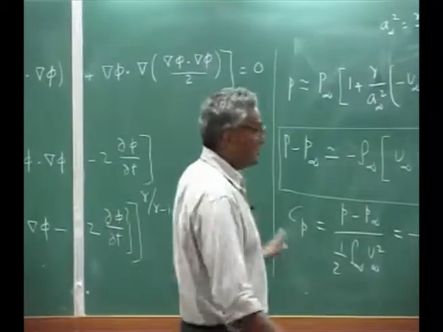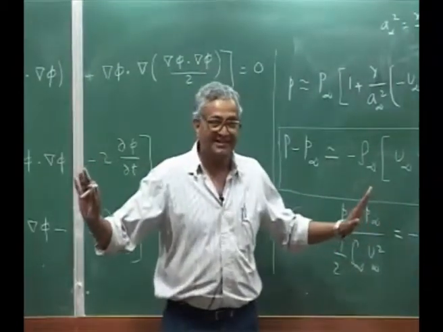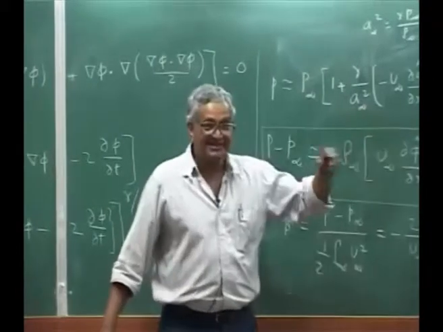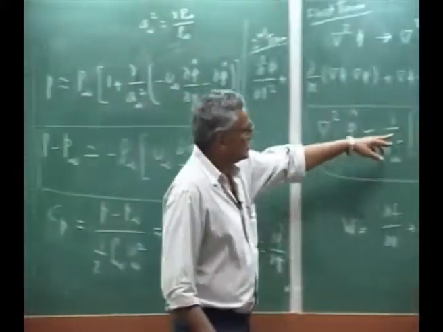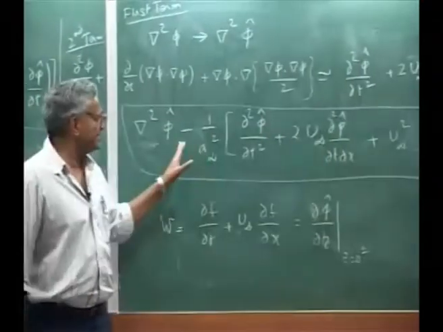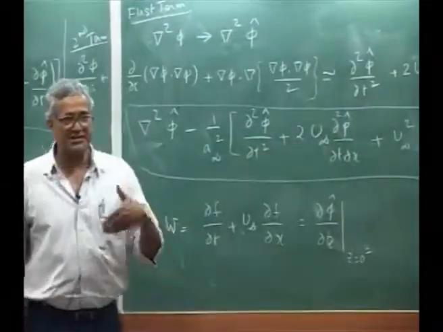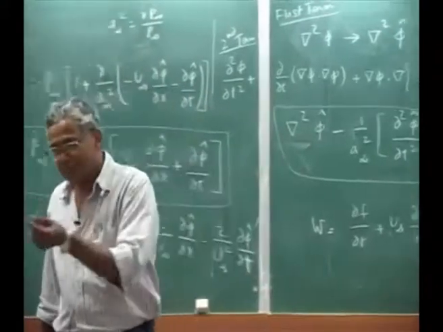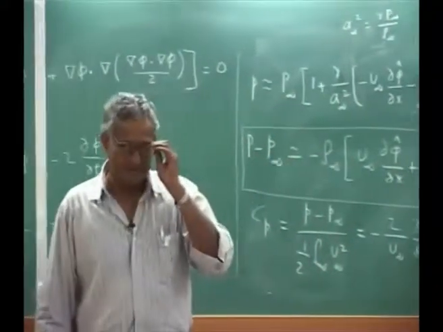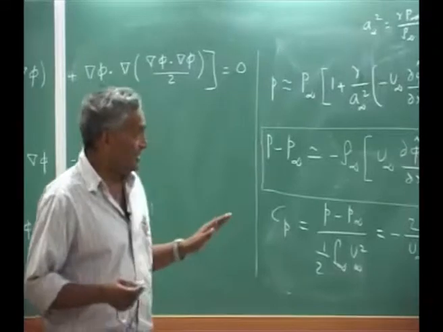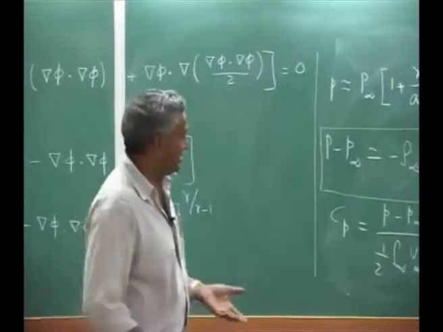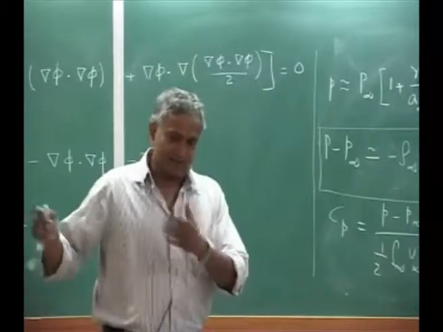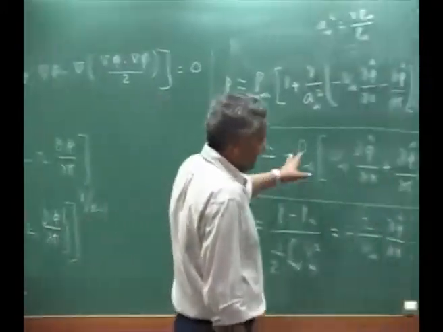So now this is your, you can say you are linearized about this small perturbation, because U infinity is large in comparison to your perturbation. And when we solve our equations, whether it is a supersonic 2D or subsonic, we are going to use only this.